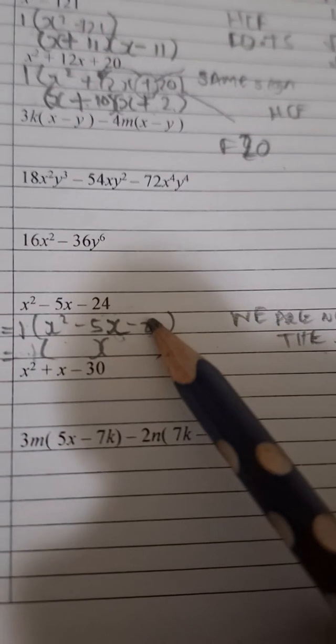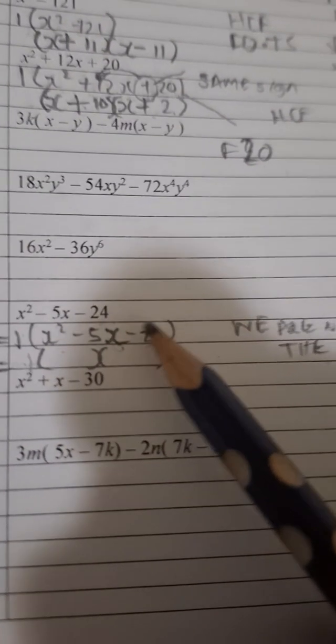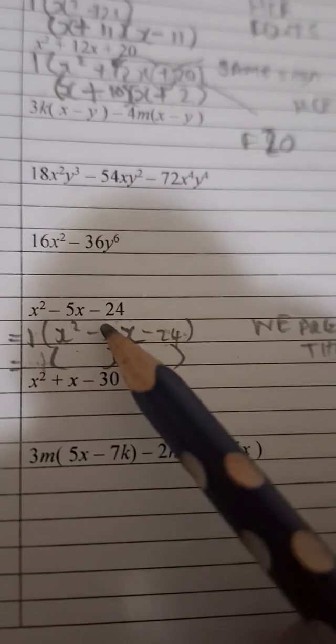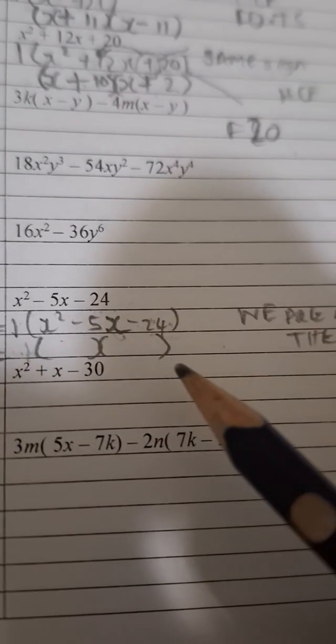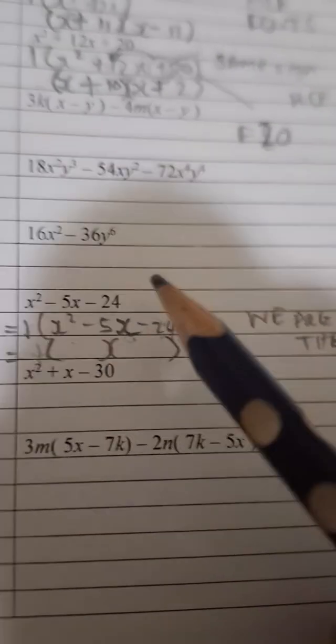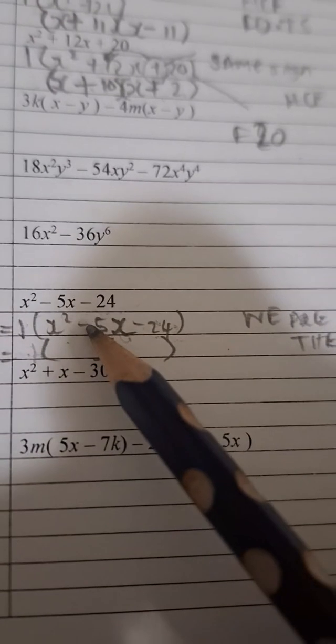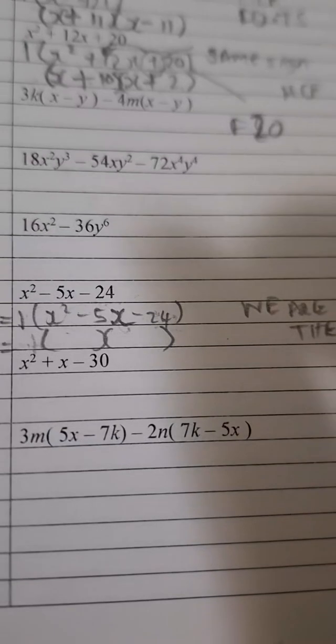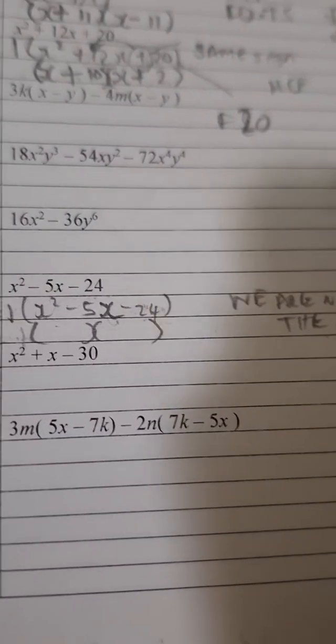Okay, but here's the condition. We are not the same, but the factor of 24 that is the highest will adopt the negative sign. Listen to this: the factor that is the highest will adopt the negative sign. So I'm going to write negative, positive.